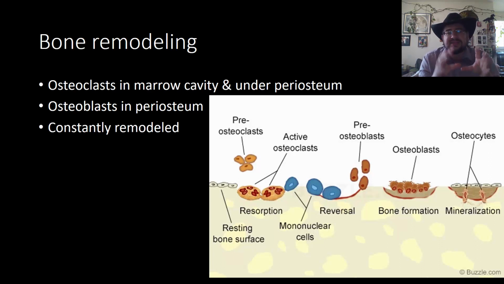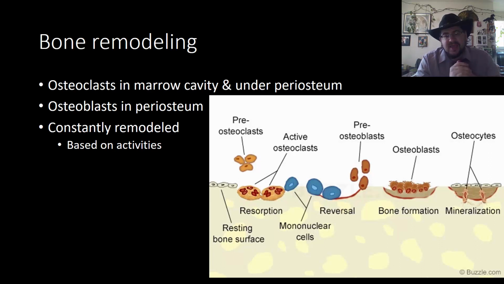Bones are constantly being remodeled. Constantly. This can be based on activities, like I just said. It can also be to release calcium into the blood. You need calcium circulating in your blood, in part because muscle contraction is heavily dependent on calcium. And so, if your calcium levels in your blood drop too much, you can actually break down some of the bone and release the calcium in the matrix into the blood.